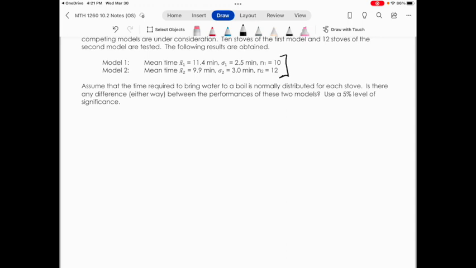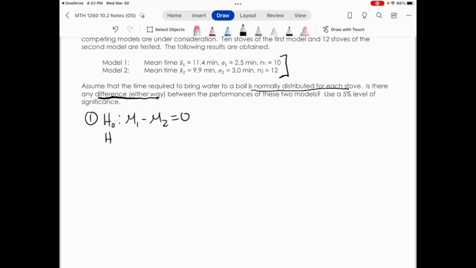So here's the information that we get from the tests. Assume that the time required to bring water to a boil is normally distributed for each stove. Is there any difference either way between the performances of these 2 models? We're going to use a 5% level of significance.